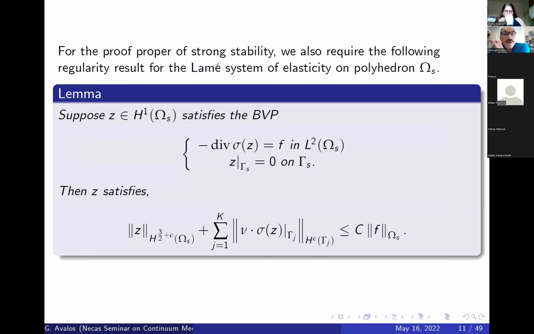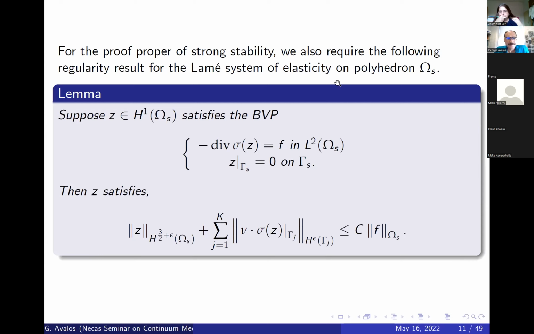So in the course of showing strong stability, given that we're working on a polyhedron, we'll also need, I make no attempt here to give any sort of completeness of results for systems of elasticities on irregular domains, just enough for our needs. And what our needs here are this: suppose Z satisfies this homogeneous boundary problem, the divergence of the stress tensor equal to right-hand side, square integrable.